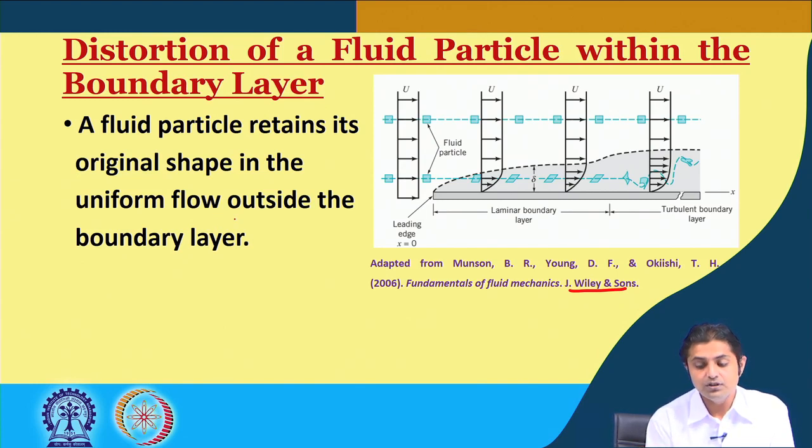That is very true, because outside the boundary layer there are no effects, and this is the fluid particle above the boundary layer, this is the fluid particle that is going to be in the boundary layer. So, when it moves in this direction, there is no problem at all, because all the points will have equal velocities, right.